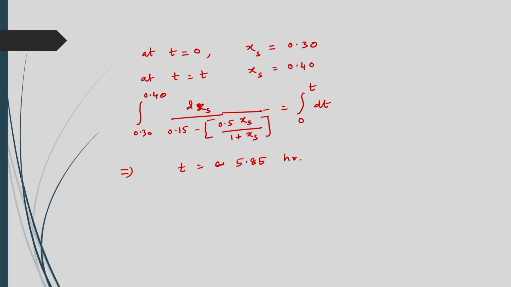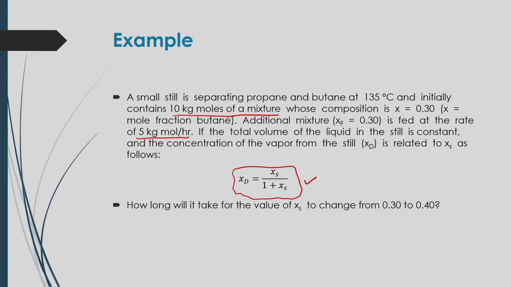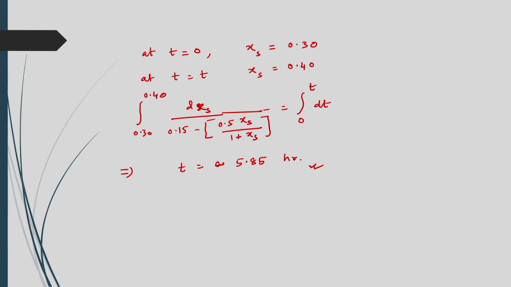vaporize this mixer to get this composition of butane from its initial to the final of 0.40 there. So, in this way we can say that it is 5.85 hour will take to change the concentration from 30% to 40%.